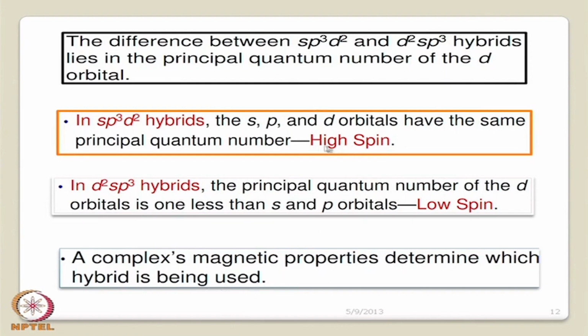When the magnetic moment is high, that means a high spin compound, we utilize the sp3d2 hybridization. When we get a low spin compound like diamagnetic cobalt, which is a 3d6 configuration, we utilize the d2sp3 hybridization scheme. So, this gives us some idea about the magnetic moment to some extent, but not about other properties, within the valence bond theory.